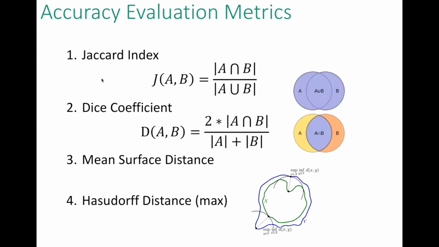We also look at the Dice coefficient, which is a similar metric. And then we look at these two other metrics, the mean symmetric surface distance and the Hausdorff distance, which basically measure how close pixels are from one object to the other. So the Hausdorff distance tells us the maximum distance between a pixel on one of the sets to a pixel on the other set.